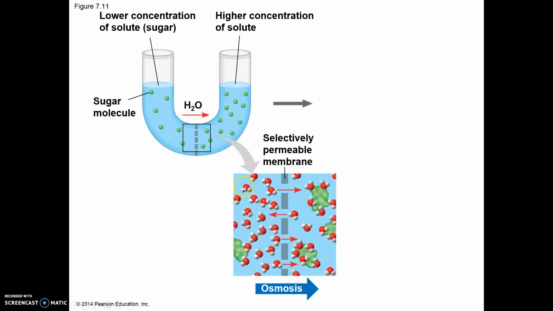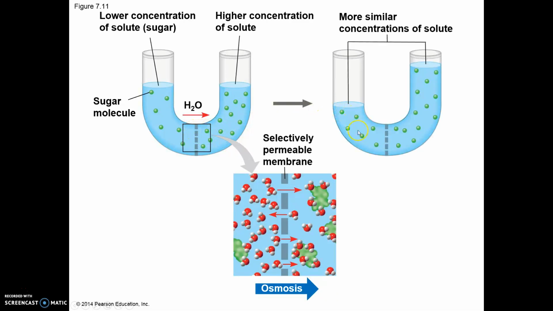What's going to happen over time is these water molecules are going to pass through, and they're going to hydrogen bond to these sugar molecules that cannot pass through. And what this results in over time is more water is going to pass through to this side. And if you look at it in terms of molecules per cubic amount of volume, over here, it looks the same concentration as over here.